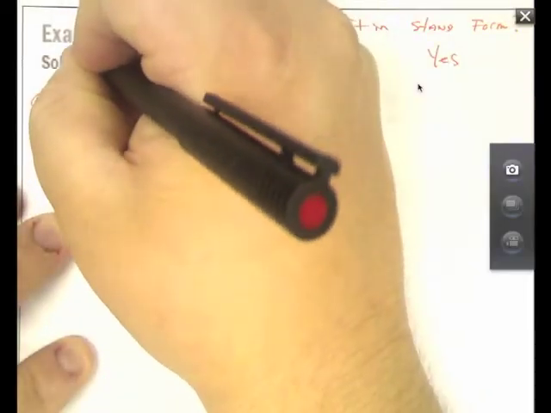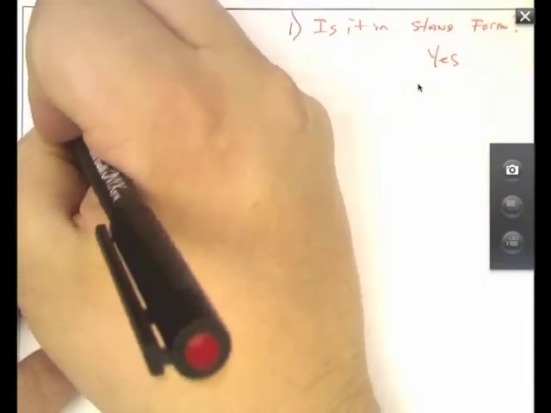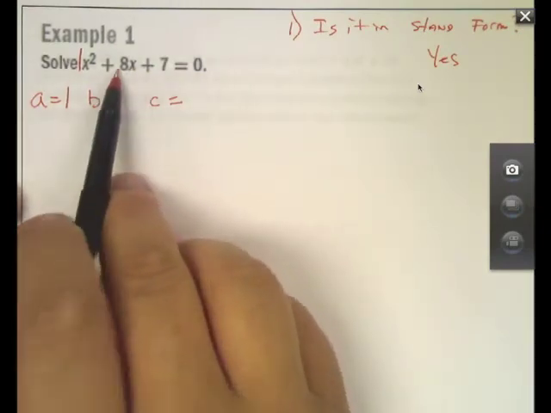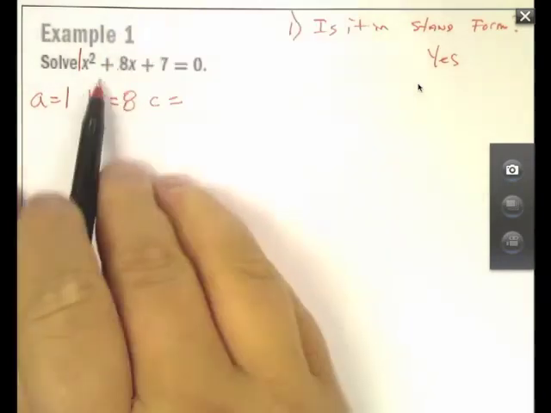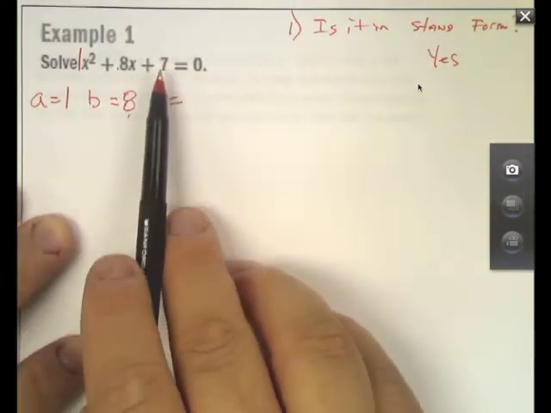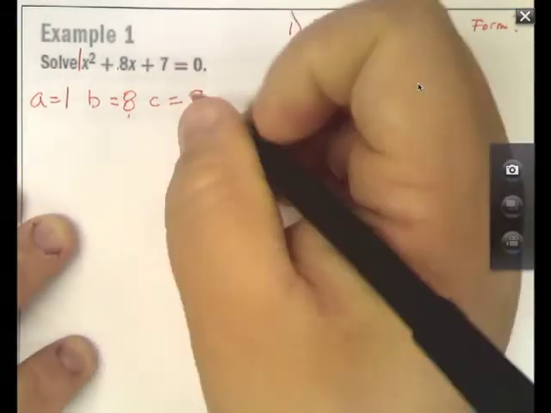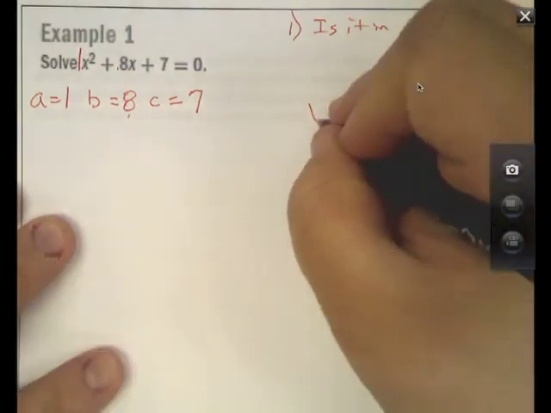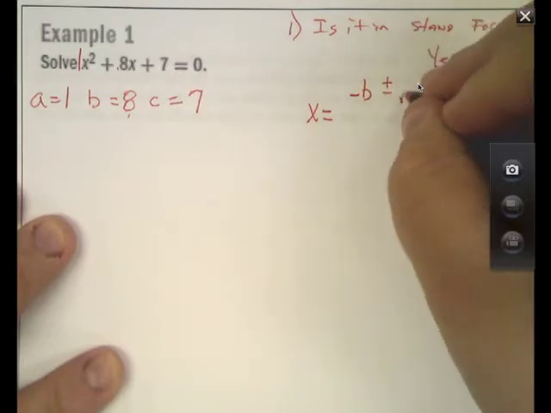Well, it's not 0. In this case, it is the number 1. So a is 1. B is the number in front of the x, which is 8. It has a positive sign, so it's a positive 8. C is our constant, which in this case is 7.